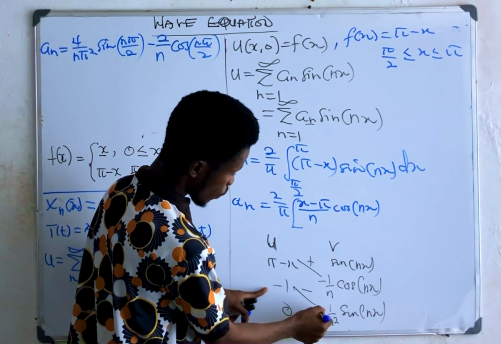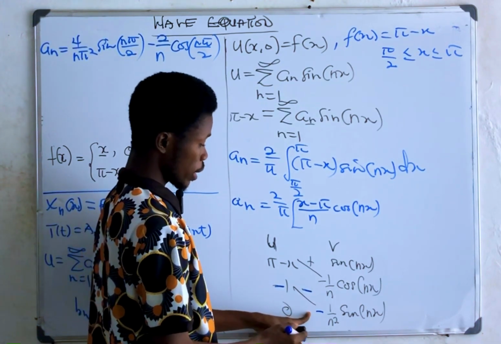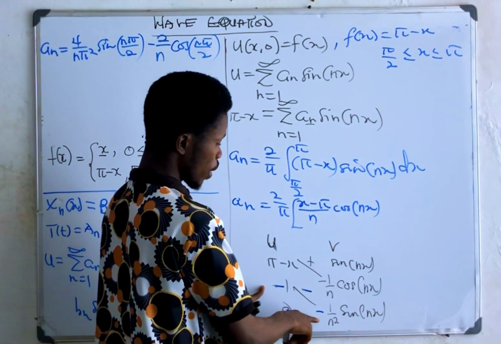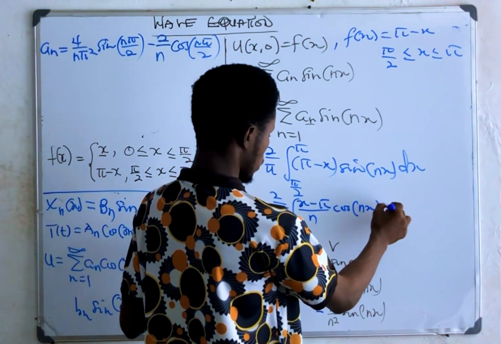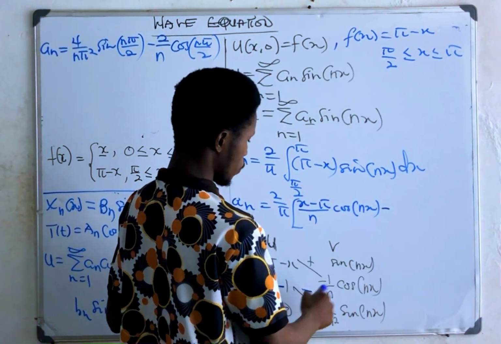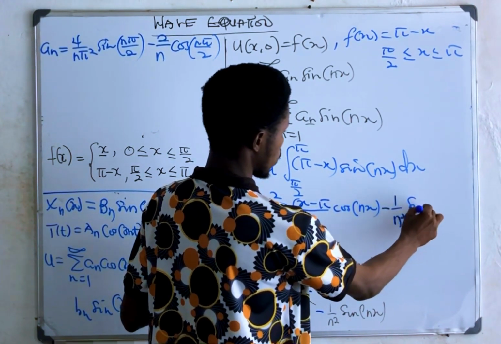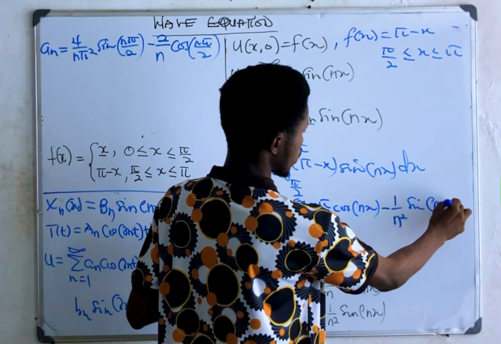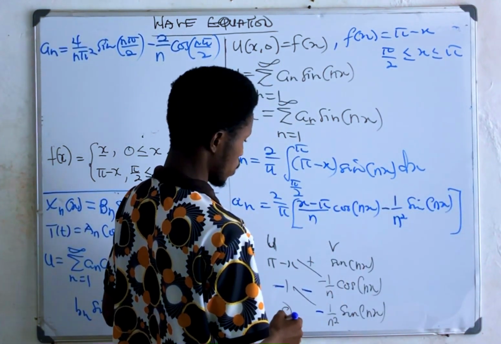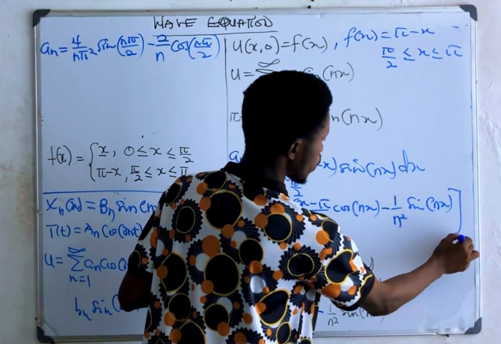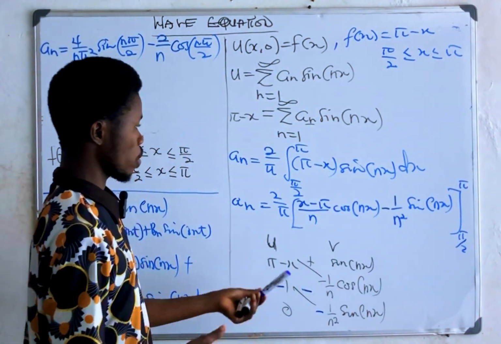How many negatives do you have here? 1, 2, 3. So at the end, we get a negative answer. So here is going to give us 1 over n squared sine nx, so it will be negative 1 over n squared sine nx. That's what you are going to have. The limits are pi over 2 to pi.